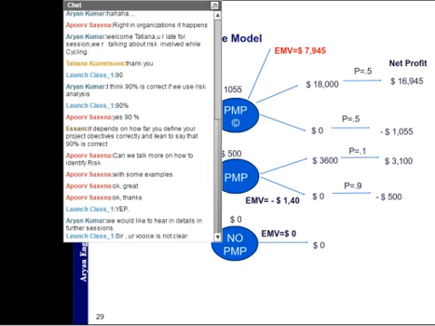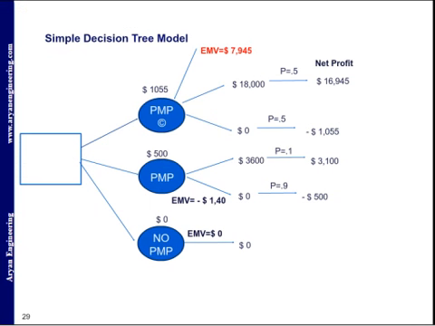And if you calculate the same here, our EMV is minus 140. So that is on the negative side. And if we do not go for any PMP, even the 35 hours or a PMP entrance exam, there is a 0.